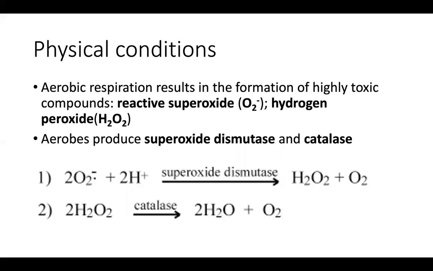As you can see down there, they catalyze those reactions to give hydrogen peroxide and water, and subsequently catalase breaks down hydrogen peroxide to hydrogen and water. And so any organism missing these two important enzymes cannot survive in the presence of oxygen, because it's going to be destroyed by the formation of the superoxides and hydrogen peroxide.